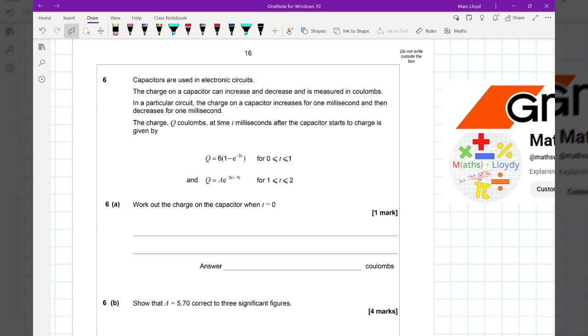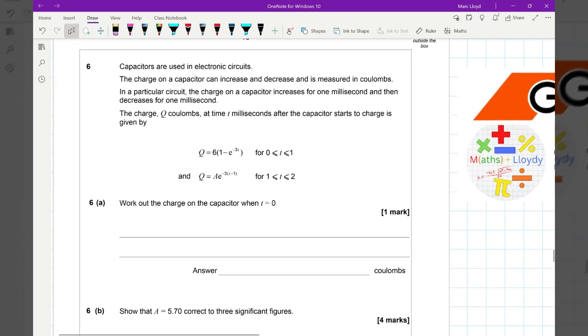We're into question 6 of paper 2C, I think the 2017 paper. I've actually forgotten which paper this is. Yeah, 2017. Capacitors are used in electronic circuits. The charge on a capacitor can increase and decrease and is measured in coulombs.